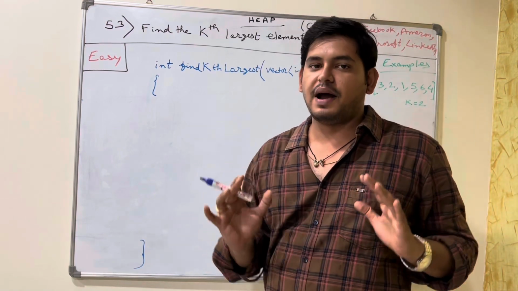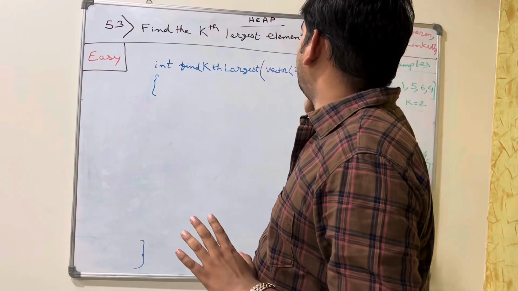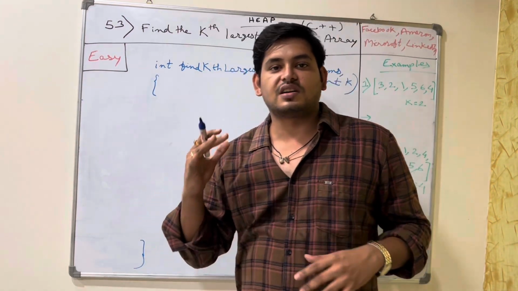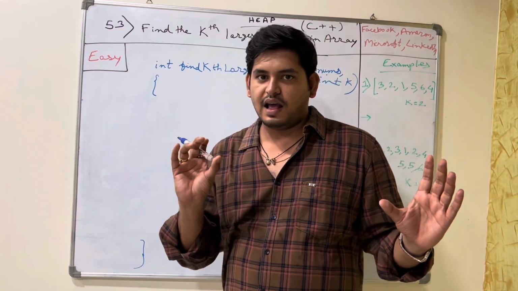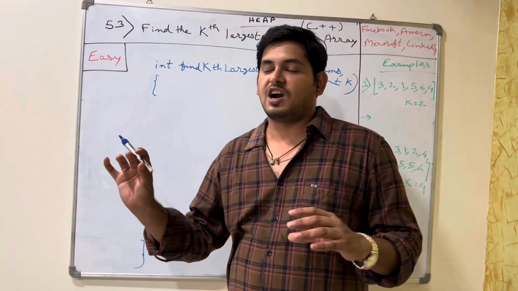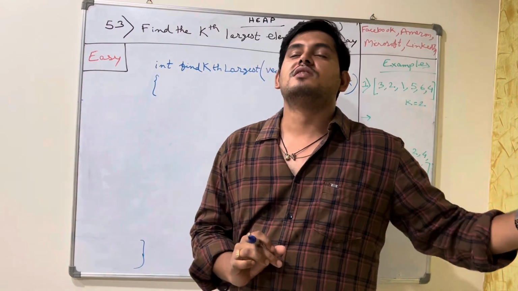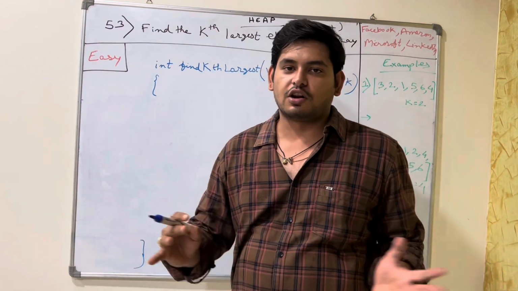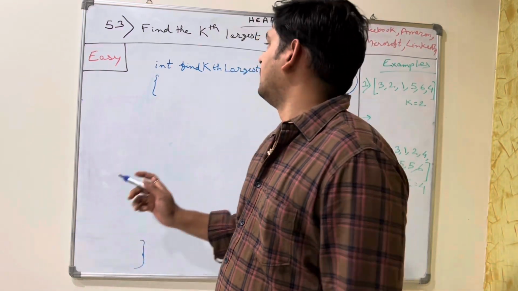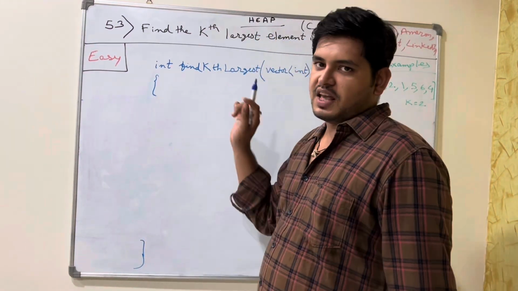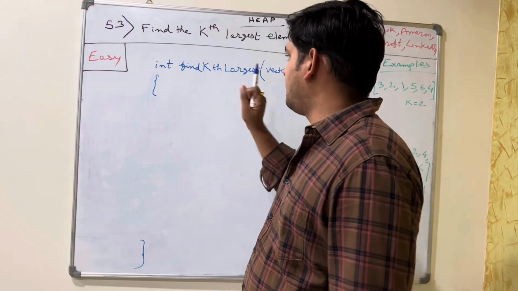So in a complete binary tree, the heap helps us extract the maximum element in order of log n, instead of searching through all the elements, which takes order of n. In this way, heap optimizes our time complexity. So please study about heap, and let me discuss the question.